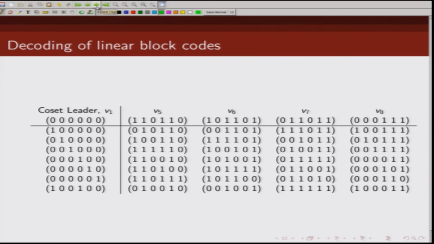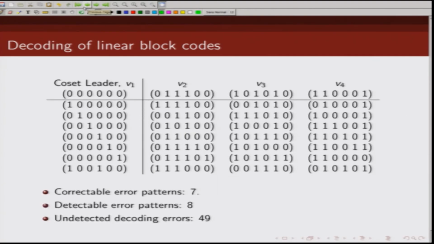They are all like 3, 3, 5, 4, and this has weight 4, 2, 2. So, this is the minimum weight error pattern, and this is having weight 1. So, this error pattern is correctable. If this error happens, this can be corrected.